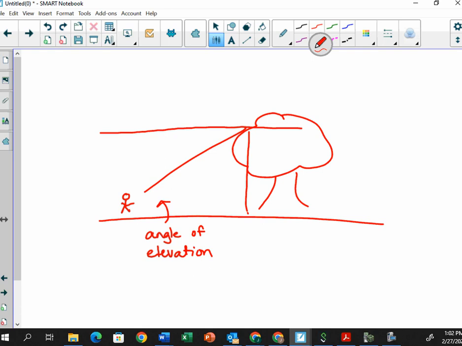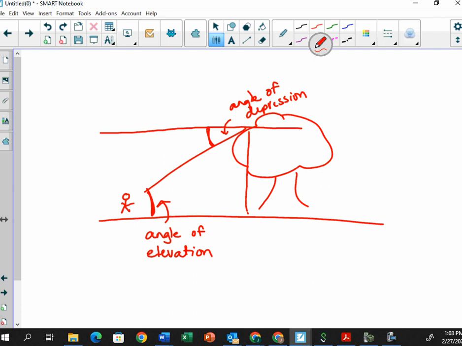So this angle in here is the angle of depression. It is congruent to your angle of elevation. They are the same, okay?